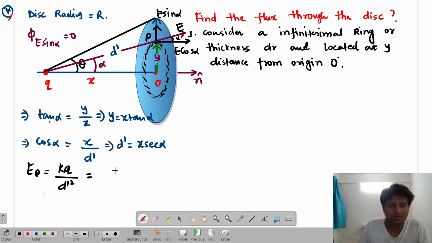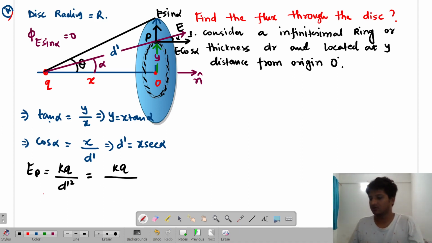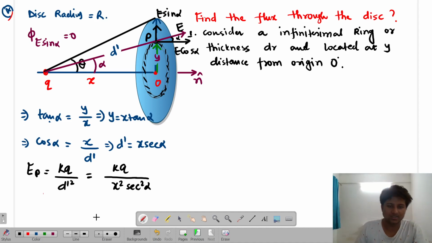So KQ by d dash square is KQ divided by x square sec square alpha. That's my electric field at that point, isn't it?